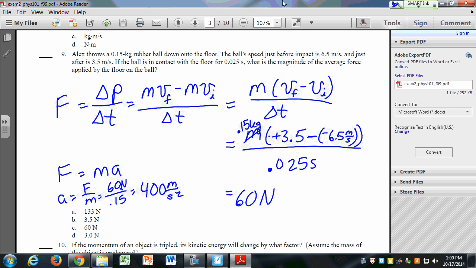Was that a hand up, Bree, or you just, what's up? Will the initial always be negative? If it's going downwards, yeah, but not necessarily. Like I could have something moving in the horizontal plane, or you could always throw something up as well. So it doesn't have to be negative. Right, because you're throwing it down is why it's negative.